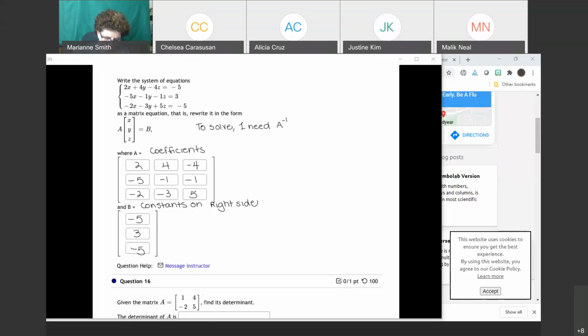And I would do this, A inverse times A. This matrix here is usually called capital X. So multiplying both sides on the left by A inverse, A inverse times A is I, the identity, which means X is A inverse times B. So you would take the inverse of your coefficient matrix and multiply it by the constants, and that would give you the values of the variables.